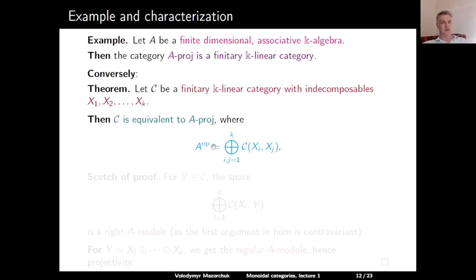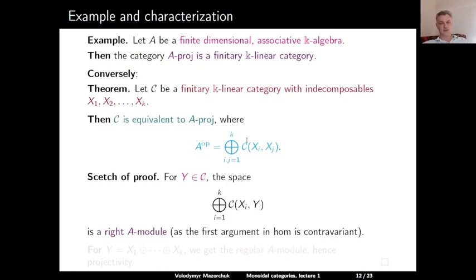So the opposite of this algebra is the direct sum over all i and j of the morphism spaces C(xi, xj). So this set has the obvious structure of an associative algebra given by composition. Since all C(xi, xj) are finite dimensional, this is also a finite dimensional vector space.